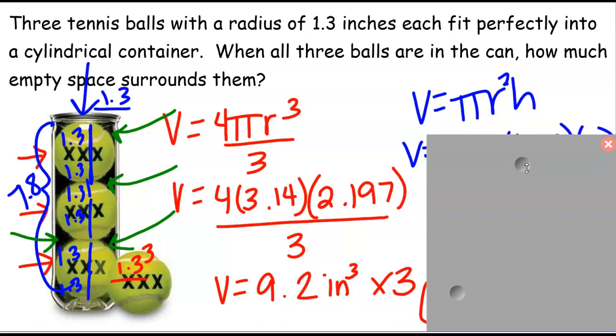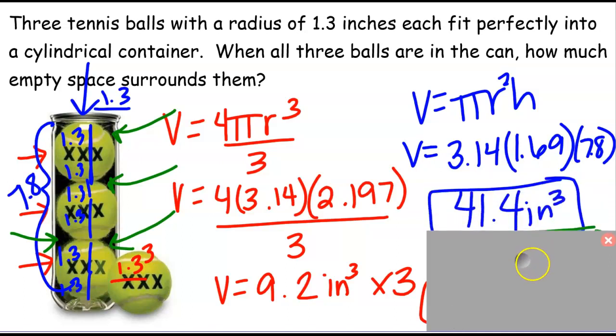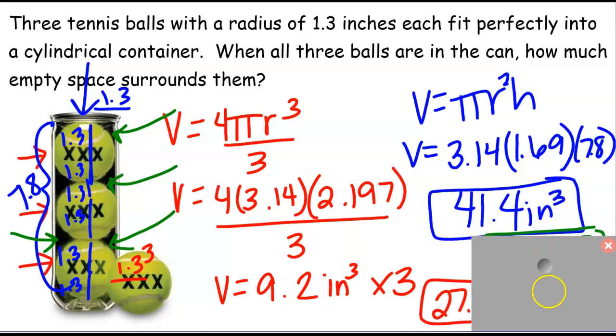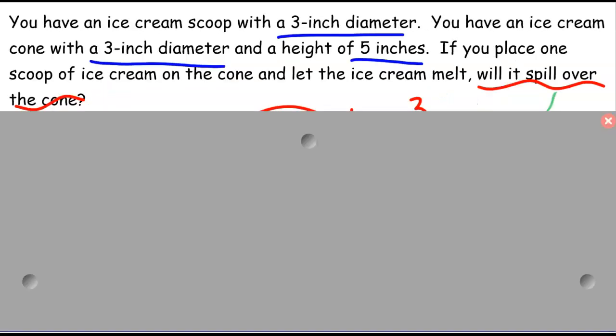My volume is going to be 3.14 times 1.69 times 7.8. When I multiply those all together, I get 41.4. So that becomes a question of how much space is left over. In order to figure that out, I have to subtract the 27.6 to get 13.8. And that 13.8 inches cubed fills in the sides.